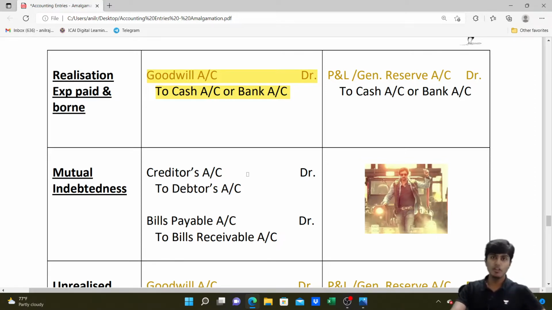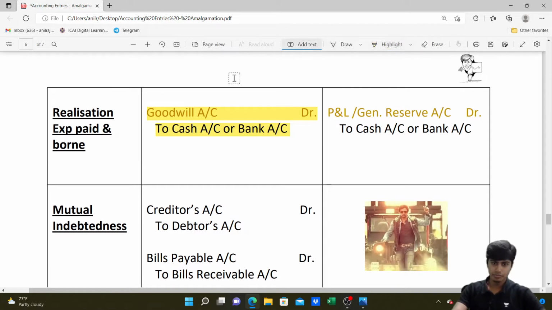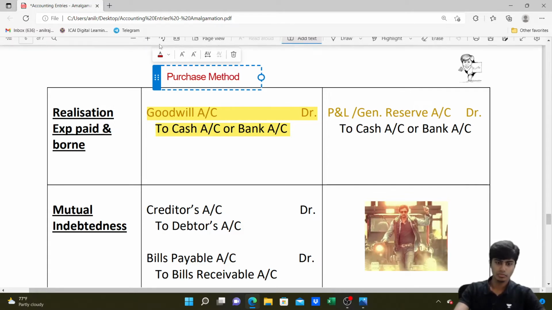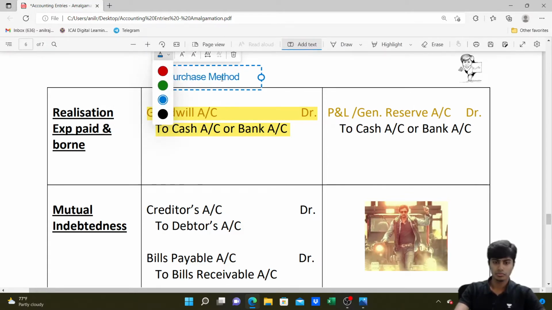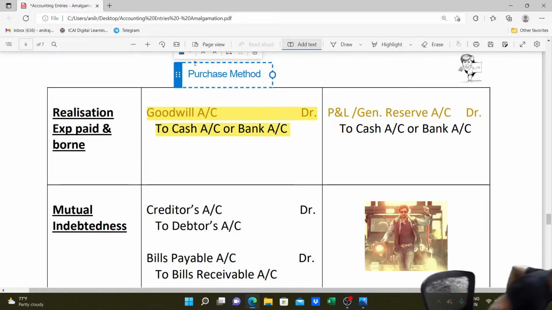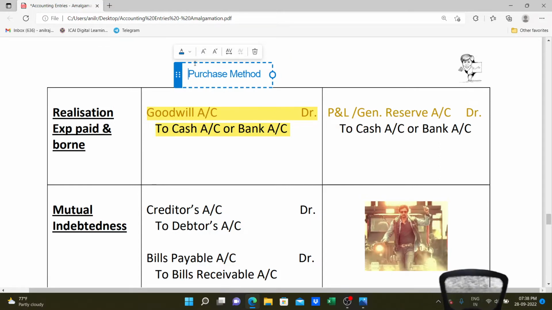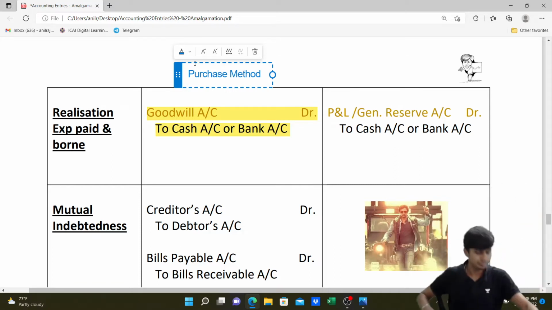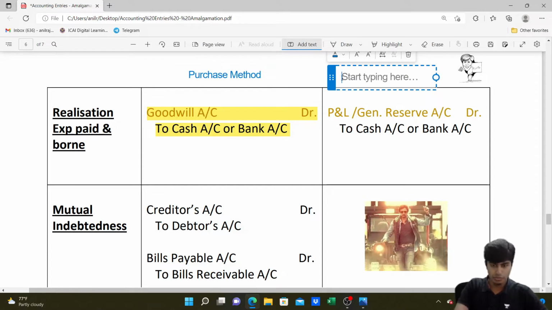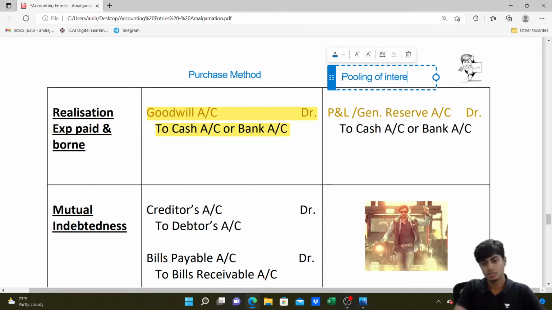The first one is purchase method, and the next one is pooling of interest method.